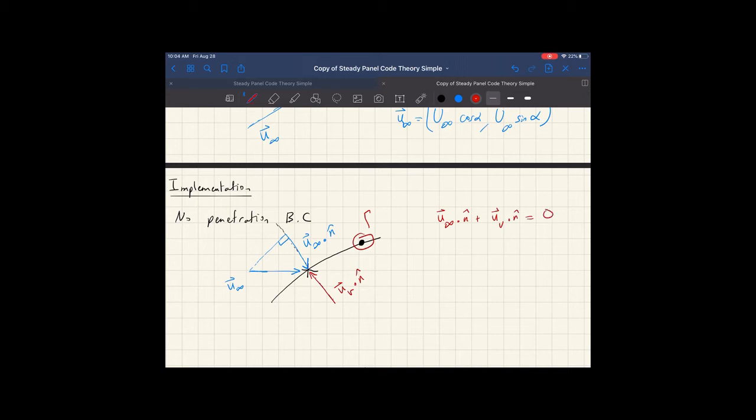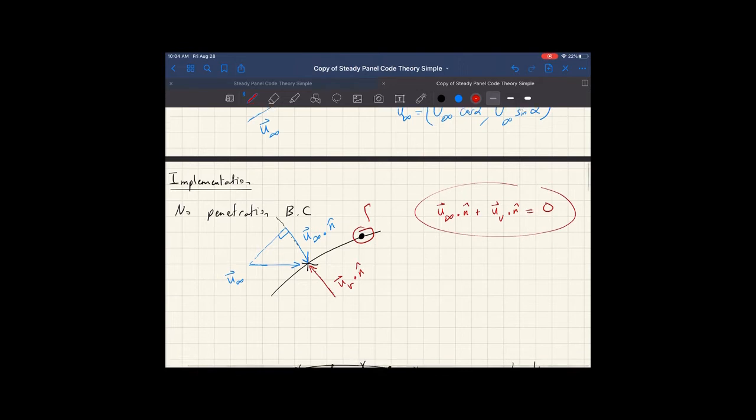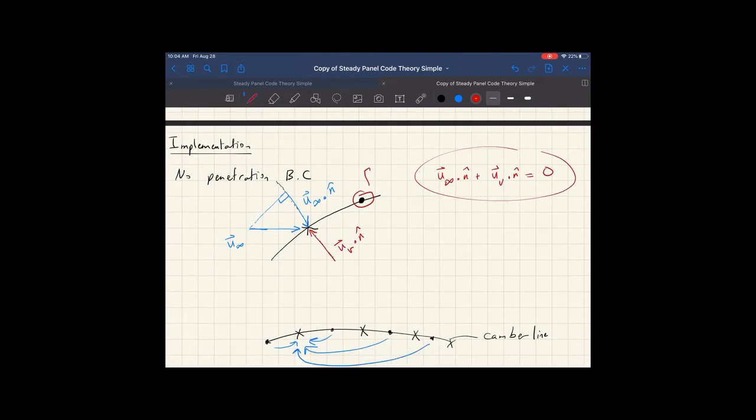These should sum to 0. Thus, we have enforced the boundary condition, the no penetration boundary condition. So I hope that this gives you a not so abstract idea of what it means or how we use the collocation point and the bound vortices.